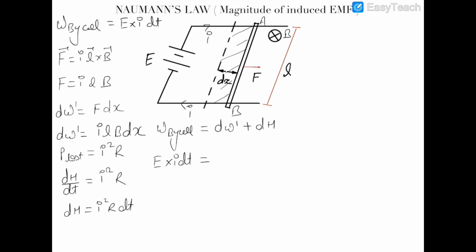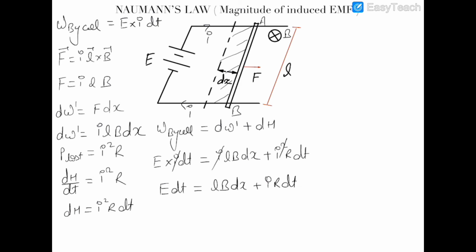The work done in moving the rod will be ILB dx, as well as the heat generated would be I square R dt. Now cancelling this I, E dt is equal to L into B into dx plus I R dt.